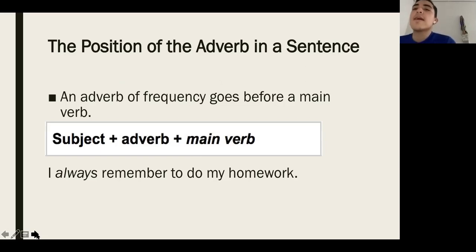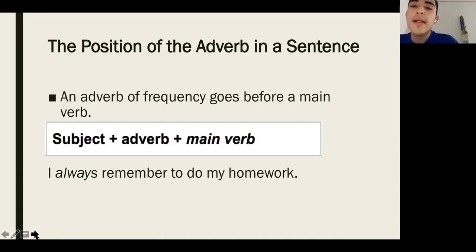Now, this is how we can create a sentence. This is the position of the adverb in a sentence. An adverb of frequency goes before a main verb. What does this mean? Well, first of all, you need a subject plus an adverb, like we saw always, never, often, or sometimes, and then we need a main verb.